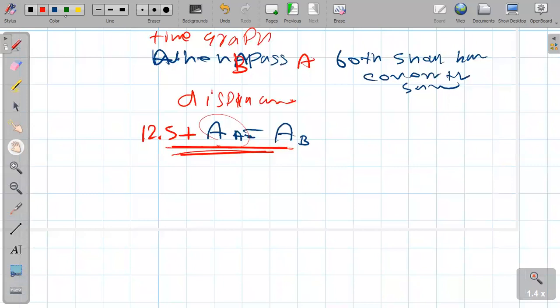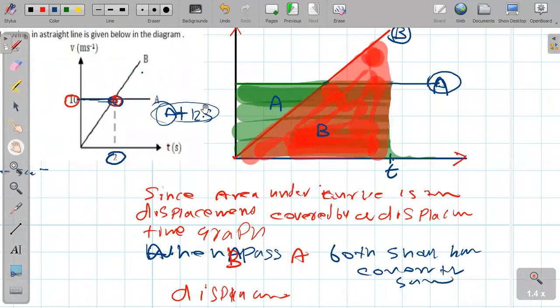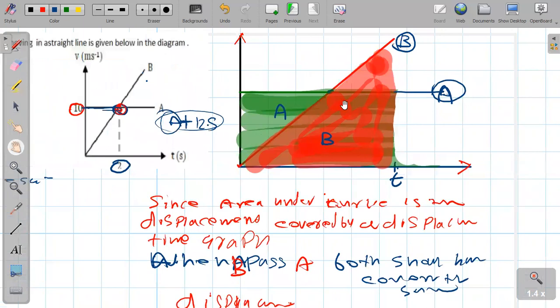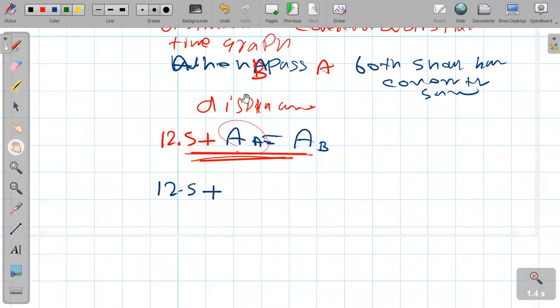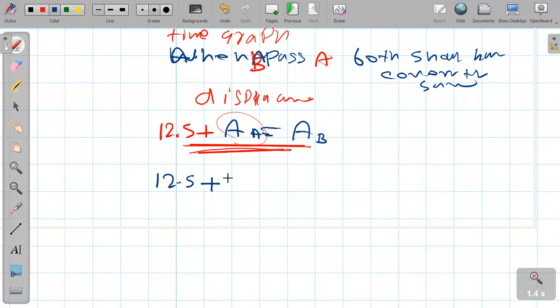What is that one? Listen carefully. This one is 12.5. What is the area of this one? This is a rectangle, this rectangle in the green color. Time is something unknown, we don't know the time.